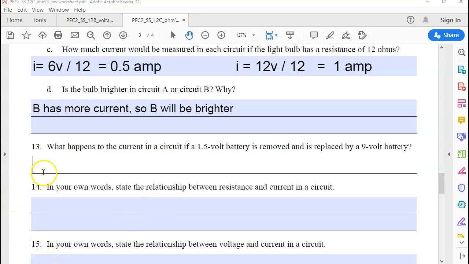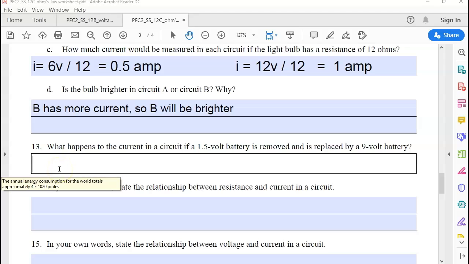Okay, for number 13, what happens to the current in a circuit if a 1.5 volt battery is removed and replaced with a 9 volt? Well, if I take 9 divided by 1.5, that gives me 4.